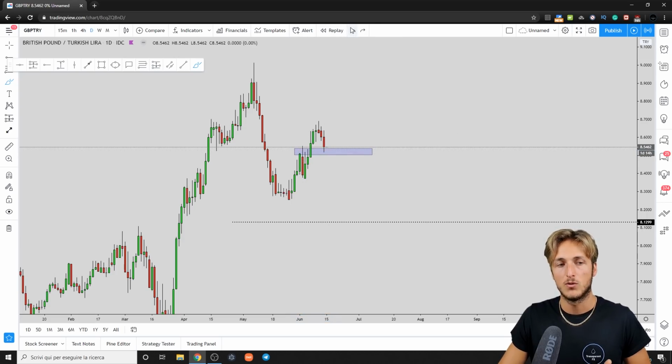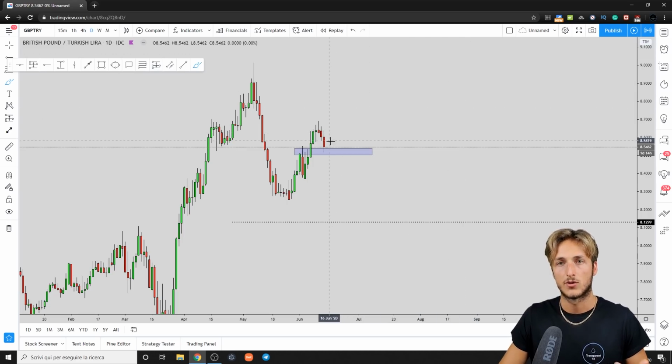Now, if you want to be looking for a short, because on the monthly and weekly, there is a clear indication for a move to the downside. Can you be looking at a short if on the daily you have clear support? It's never a good idea to be shorting at daily support, okay? Never a good idea.